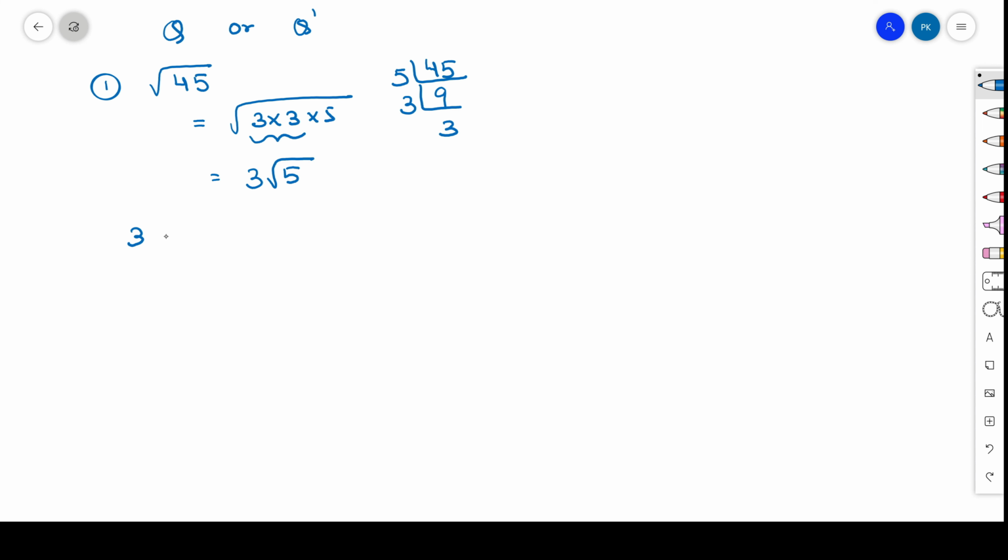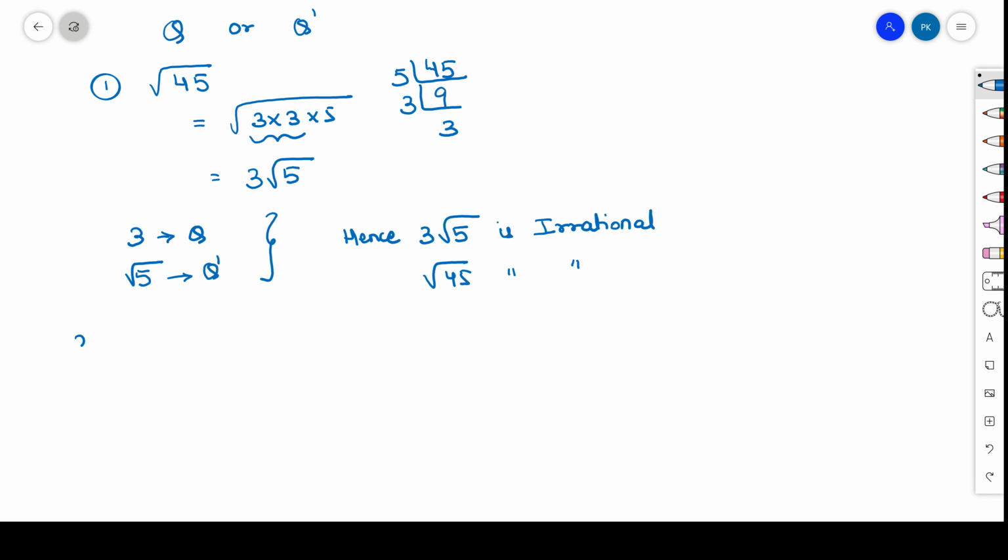Here 3 we know is rational number, under root 5 is an irrational number, and we know through the theorems that product of rational and irrational number is irrational. Hence 3 under root 5 is irrational, which means under root 45 is irrational. Let's take second question, which is very easy and very similar.